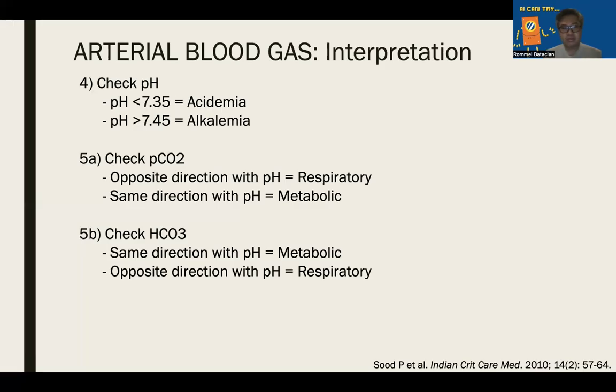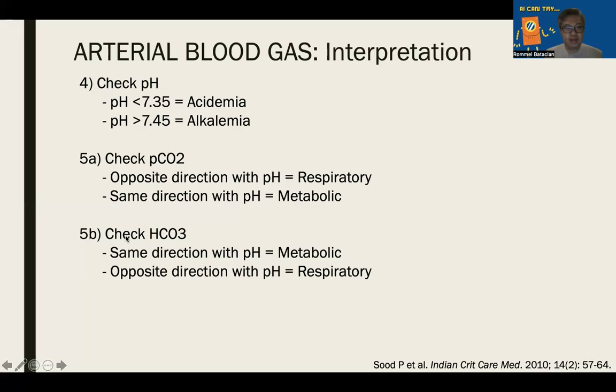Conversely, if for example, the PCO2 is 20, and the pH is 7.3. So there is a decreased PCO2 and a decreased pH. So they are both in the same direction. So therefore, it is metabolic acidosis or acidemia.